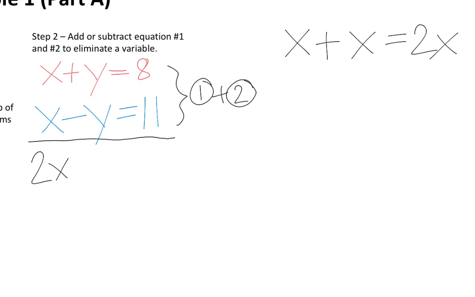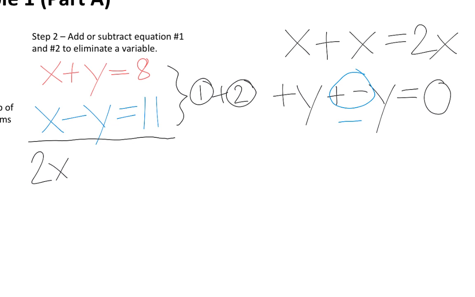Now, I have positive y plus negative y. Now, that is a little bit confusing because you have a positive and a negative sign together. When you have a positive and negative sign together, that becomes negative. So what you really have here is positive y subtract y, which is 0.